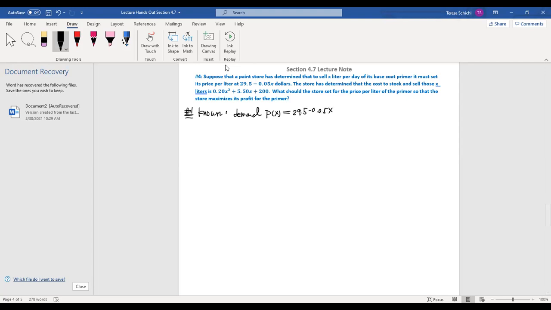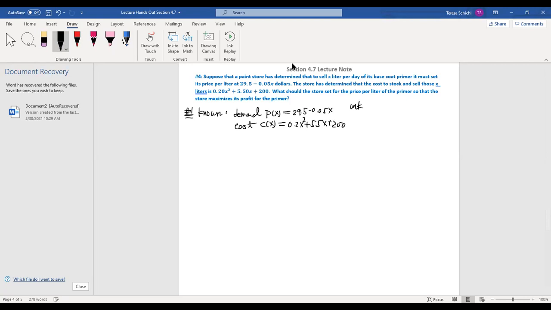You sell X liters, so that is the price per liter. We also know the cost function. I need to be careful and not put an extra 0 there. The cost function is 0.2X squared plus 5.5X plus 200.